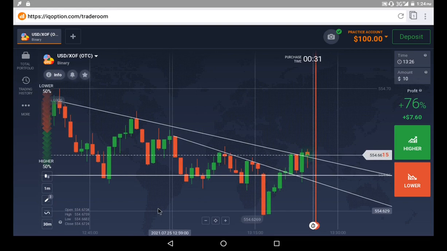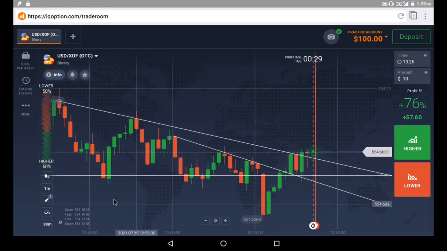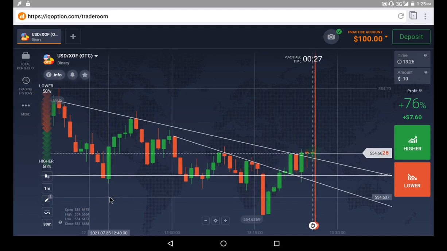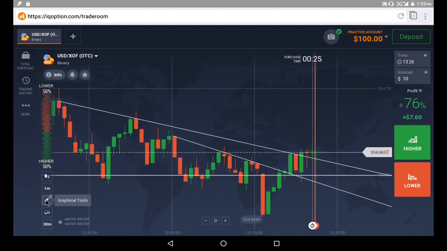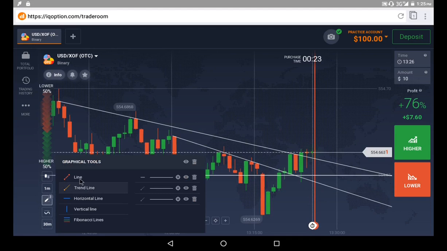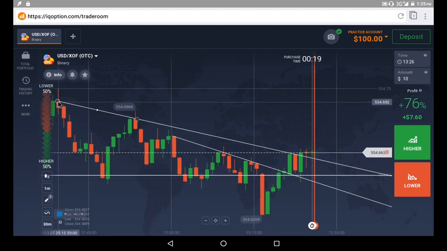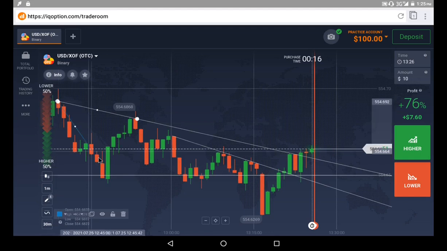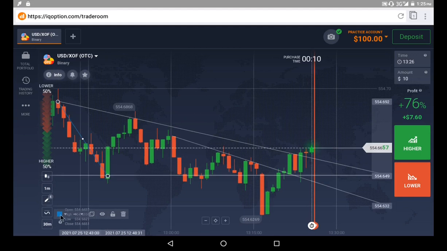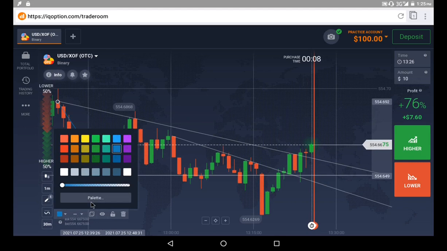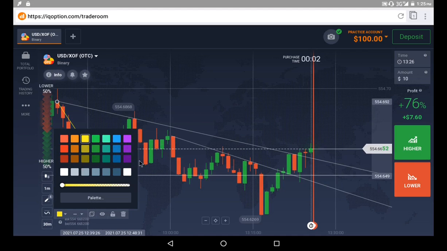I want to draw very well. You can understand what I'm trying to say here. So here the sellers entered, you can see, change the color, you can see strong sellers entered.